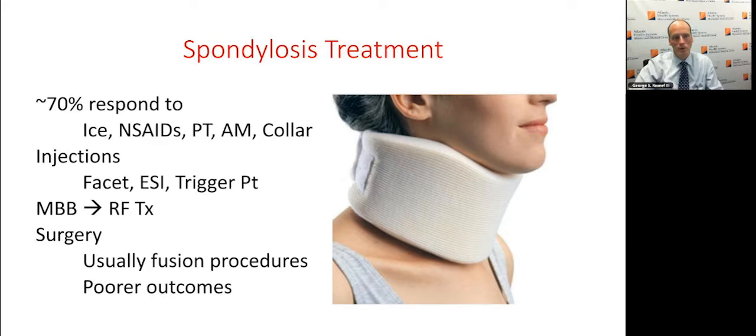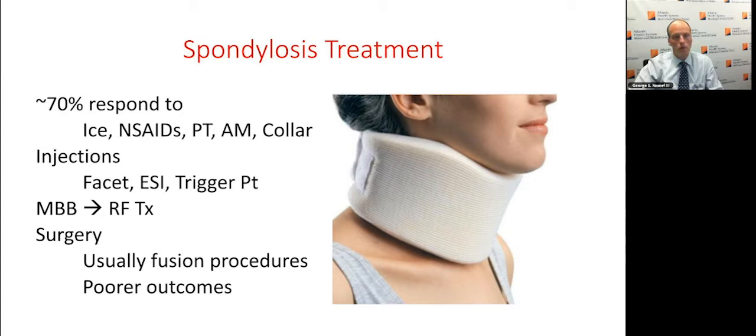So the treatment of spondylosis, 70% of osteoarthritis neck pain responds to ice, anti-inflammatories, physical therapy, activity modification, and occasionally a collar. It was actually Bill Dallin, the former chairman here, who I would see in the OR when he had neck pain. He was wearing a collar that turned me on to that one. And I do find that some of my patients who do a short course of a collar have some relief of their neck pain.